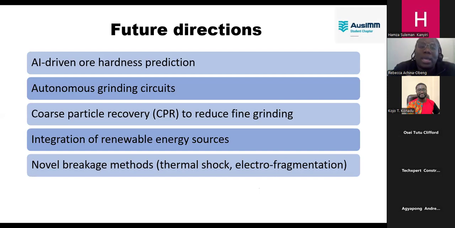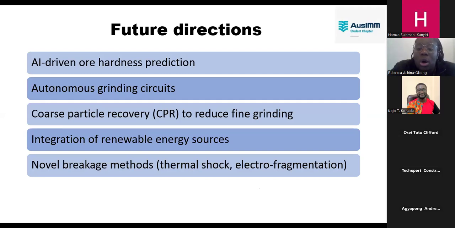The Bond work index is the specific energy required to break down a material, measured in kilowatt hours per ton. While still early in commercialization, these novel breakage methods represent exciting long-term possibilities for energy savings.